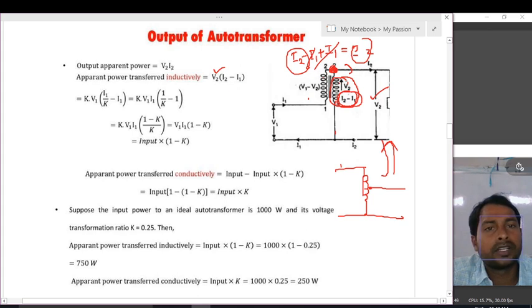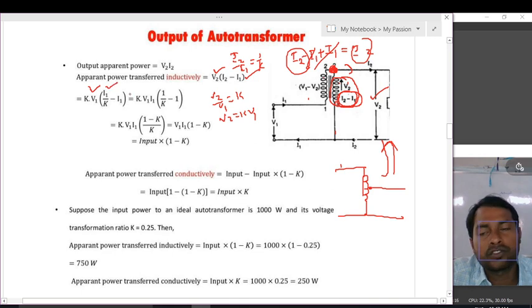Next, the apparent power transfer through induction. We know that V2 by V1 is equal to K, so V2 is equal to K into V1, which I substitute in place of V2. Also I2 by I1 is equal to 1 by K, so I2 is equal to I1 by K, which I substitute from the transformation ratio.